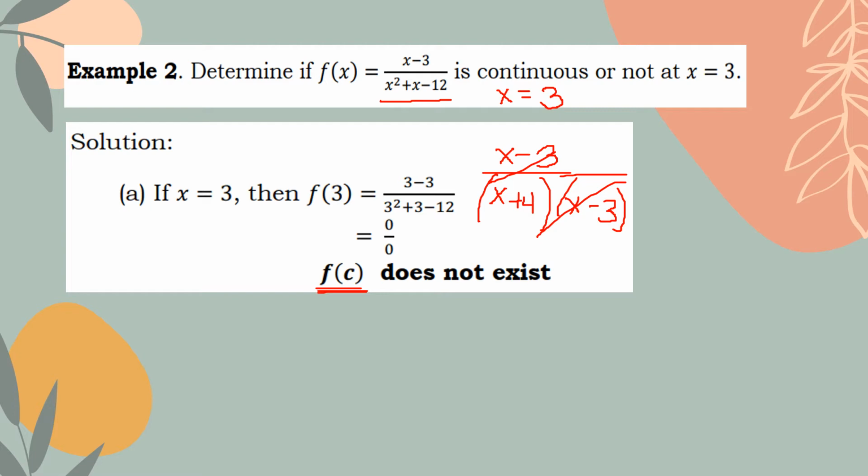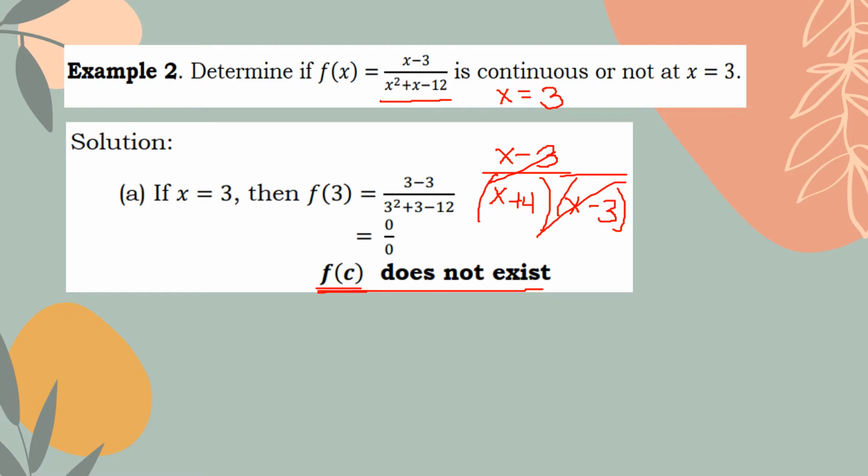But for purposes of the conditions, ang giingon dito f of c exists or it does not exist. So we'll use the term does not exist. Because the denominator is 0. Meaning to say, if x is equal to 3, there is no y value.